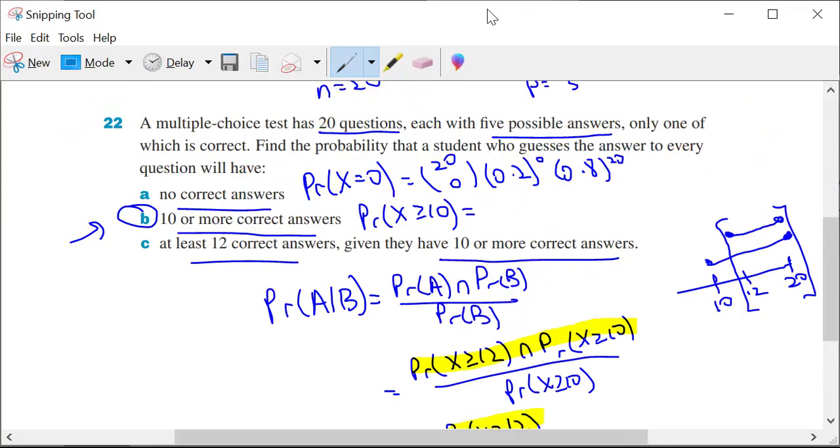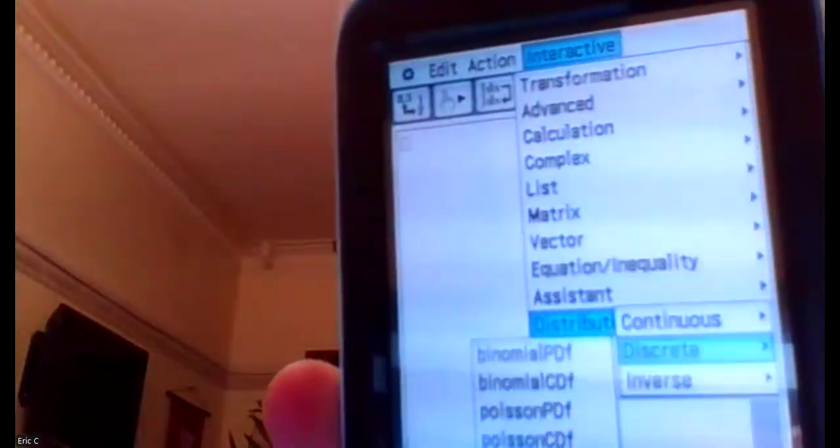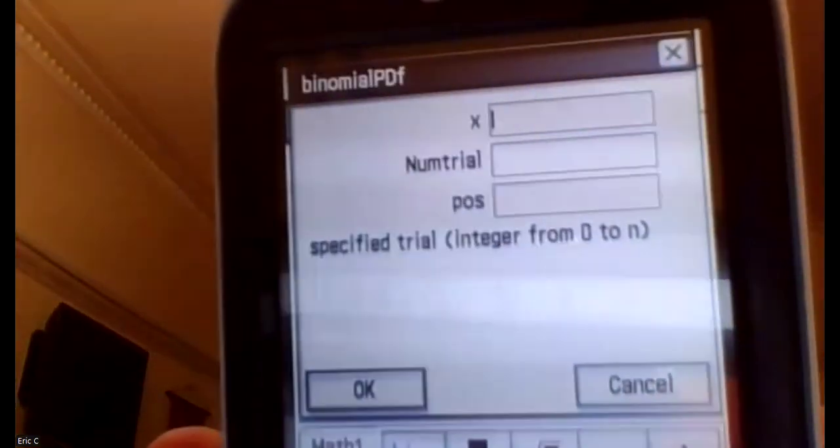Okay, so let's jump over to our calculator. What we want to do is go to interactive, distribution, and discrete, and then choose the binomial PDF at the very top there. Then you get this screen here.